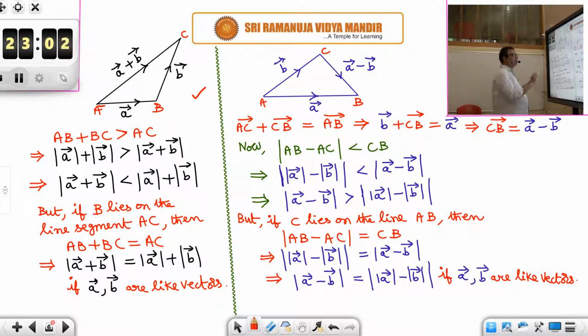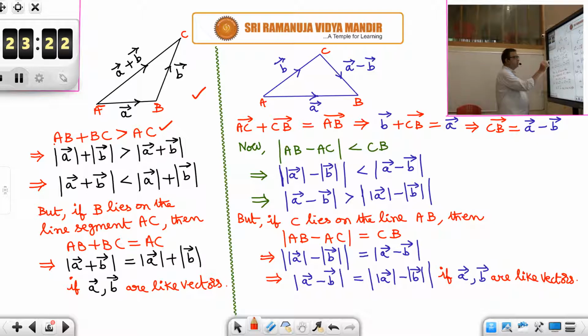Now, forget about the vectors, consider the lengths of this triangle only. This is a triangle, you know its 3 side lengths. Now, coming to the triangle ABC, AB plus BC is greater than AC. The sum of two sides is greater than the third side. That is what we know.